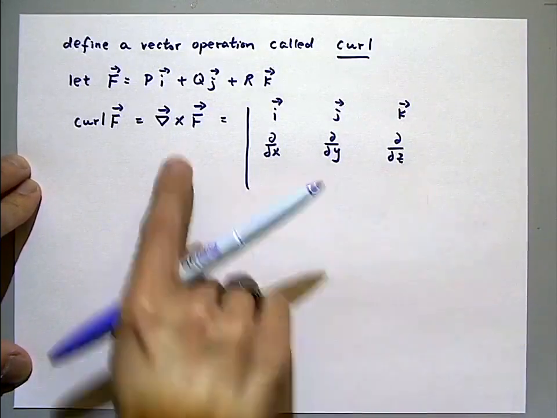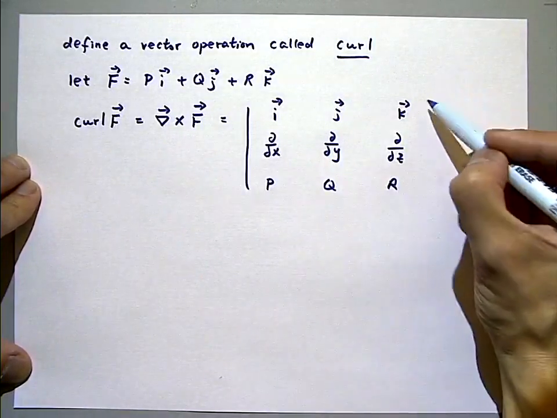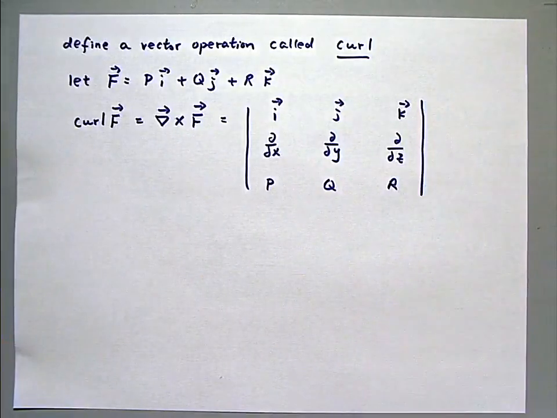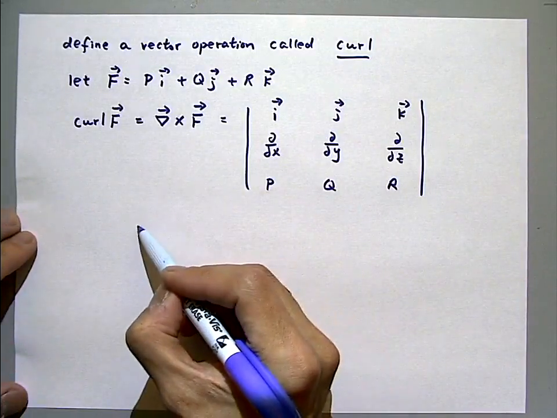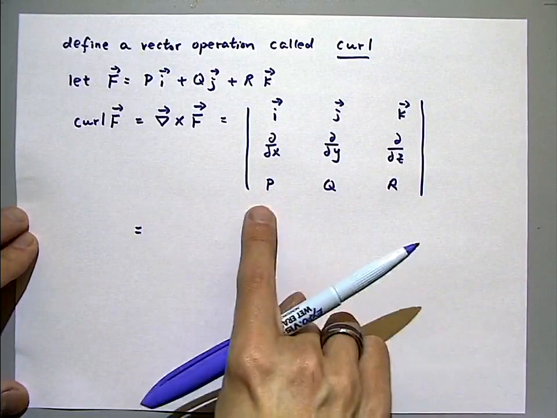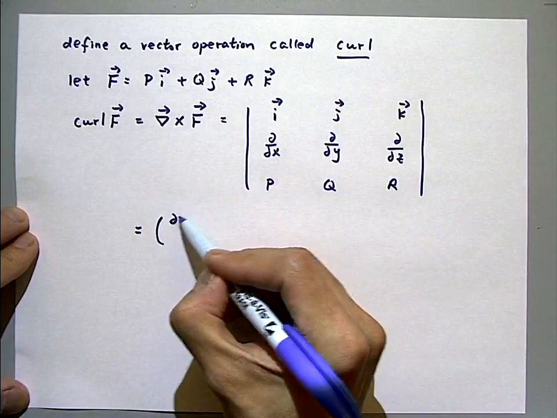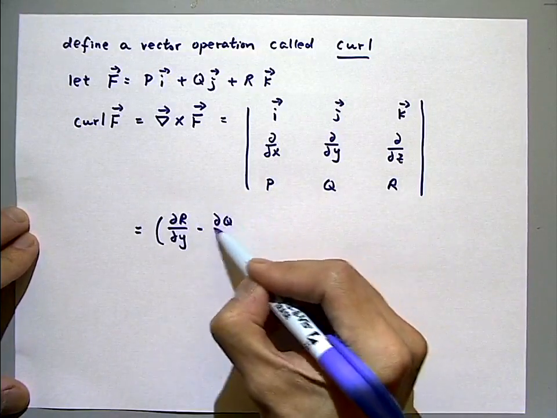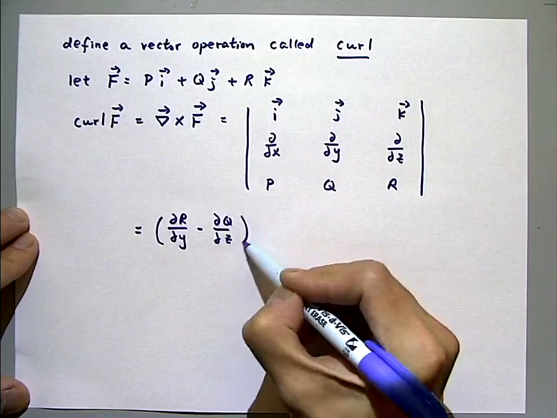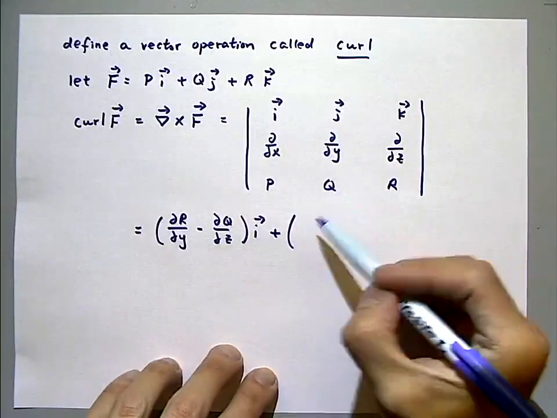Del is in the second row. And then F goes in the last row: P, Q, and R. And we'll, of course, assume that P, Q, R are differentiable and continuous and all those nice things. Now you do the cross product as usual. In the end, you will get this thing. It's just the result of a cross product that you already know how to do.